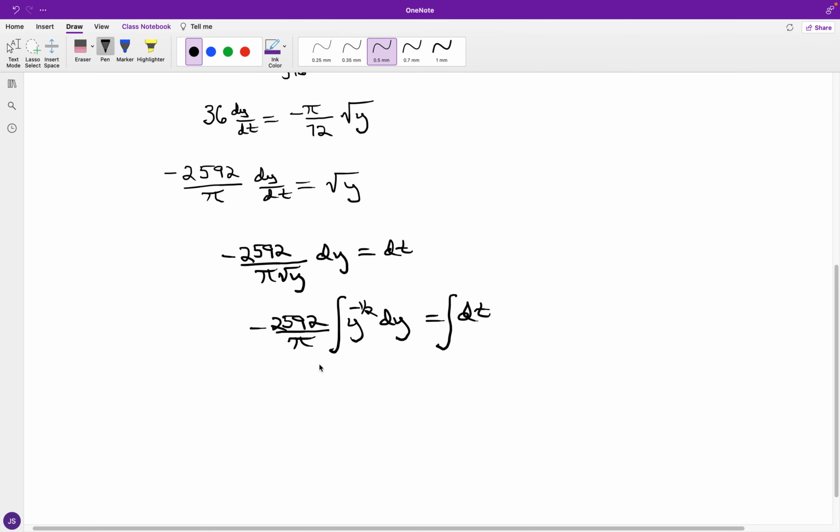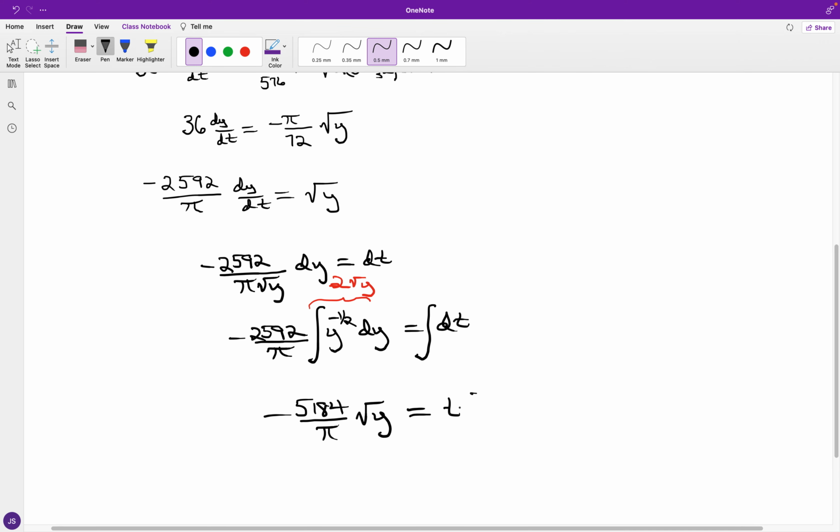Looking at taking the antiderivative, for y to the negative 1/2 that's going to be 2 times the square root of y, and if I multiply by negative 2592 over pi, I'm going to have negative 5184 over pi times the square root of y is equal to t plus c.